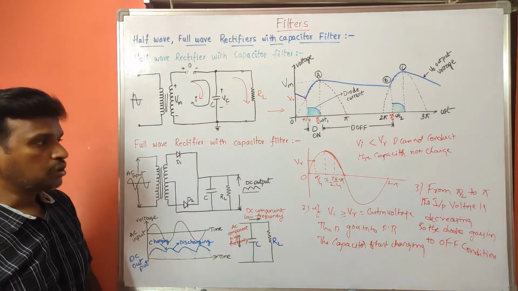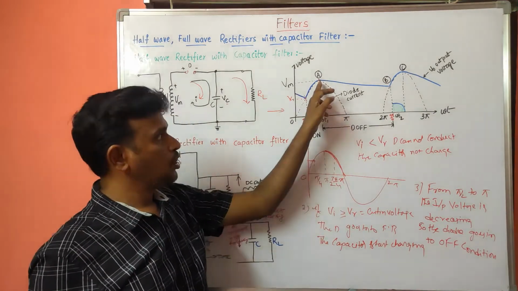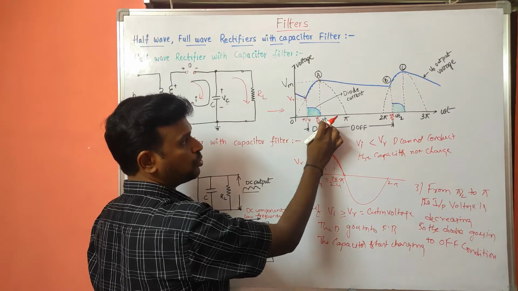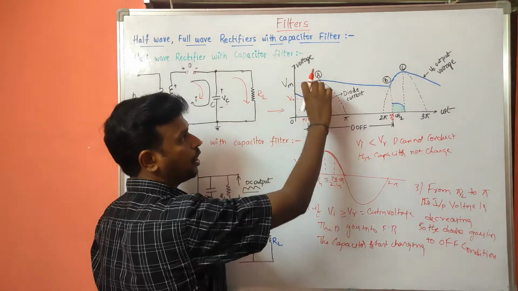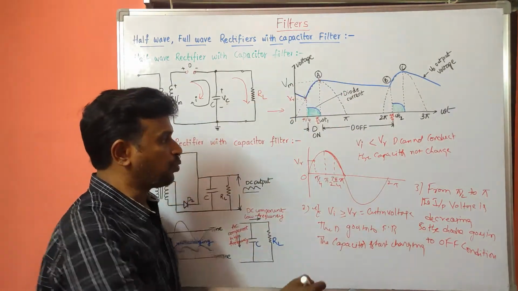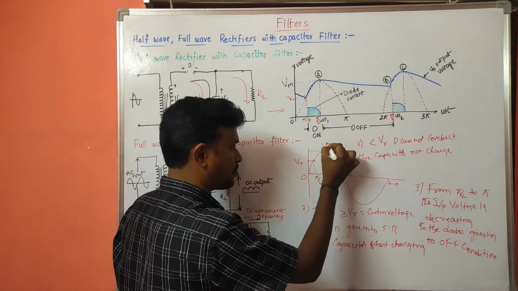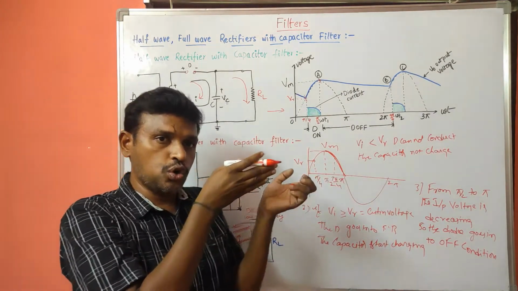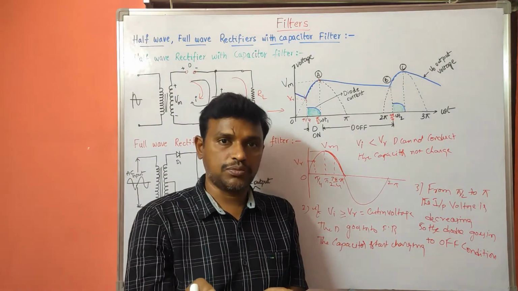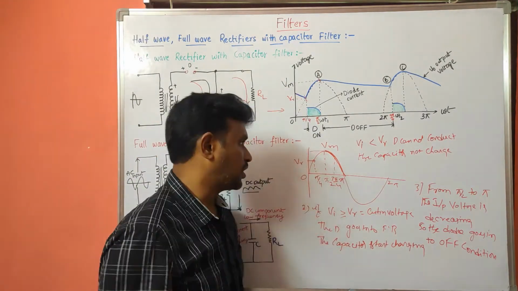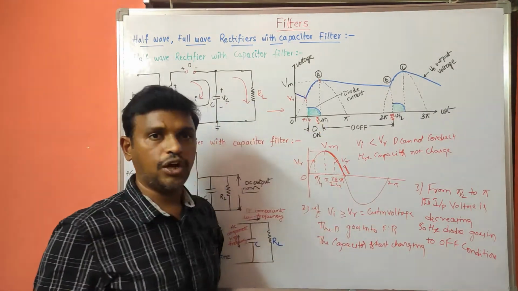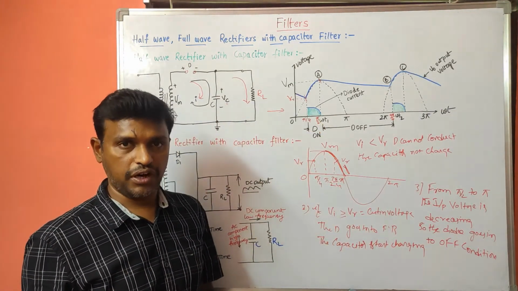Okay, so what is the point here? As we take from pi by 2 to pi approximately, the input voltage is decreasing. This is the maximum voltage, and after that it is gradually decreasing. So the diode gradually goes into reverse bias, and below this V gamma value, the diode completely goes into the off condition.